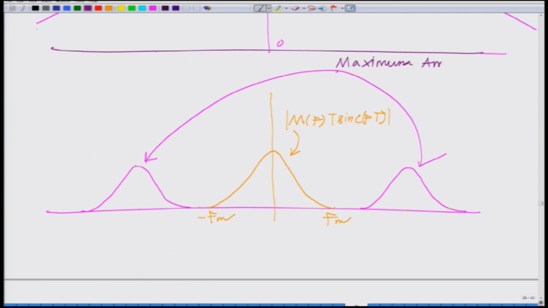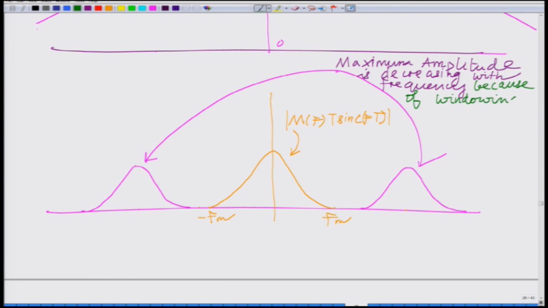So first of all it is distorted, and the peak amplitude in the frequency domain of each copy is decreasing with frequency because of windowing by the T sinc f T.